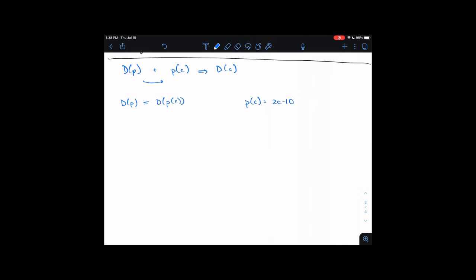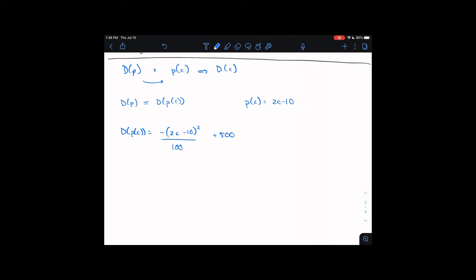So d of p of c equals negative 2c minus 10 squared over 100 plus 500. Notice that this is a function whose only variable is c, and c is the cost. So we have found a representation for d in terms of c.